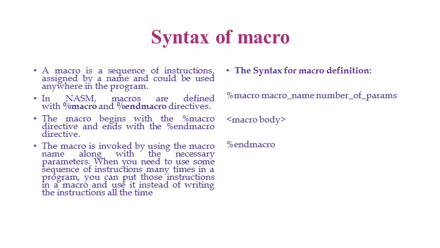The syntax is like this: %macro, then macro name and number of parameters, then macro body, and at last the %endmacro directive. Macro name means you can give any name to the macro, and number of parameters means how many parameters you are passing to that macro.